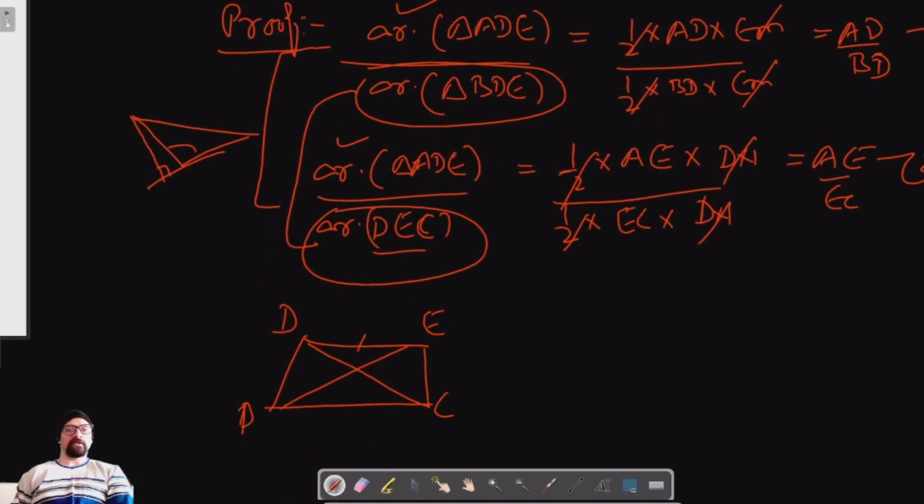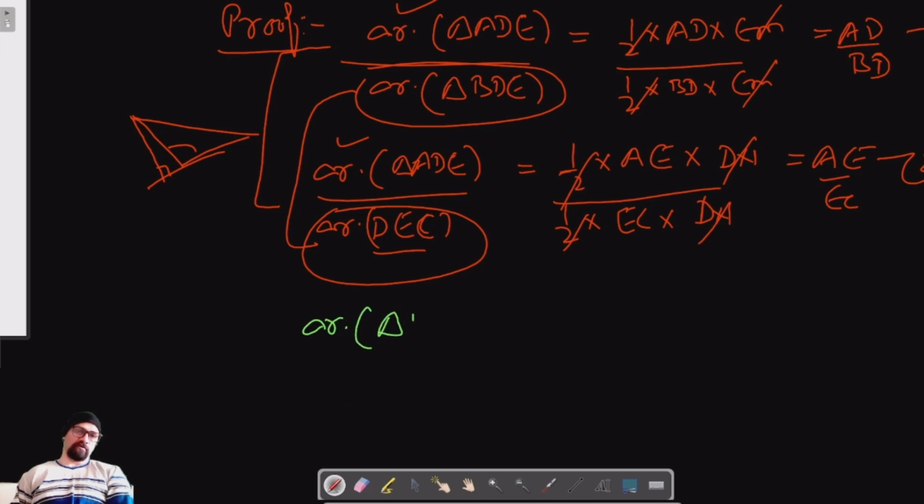We have studied in earlier classes that two triangles on the same base and between the same parallels are equal in area. So that means area of triangle BDE is equal to area of triangle DEC.